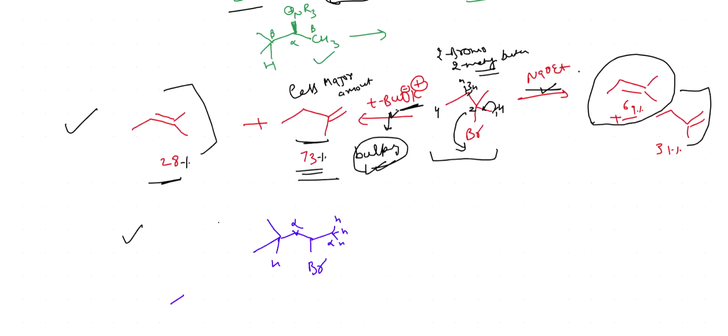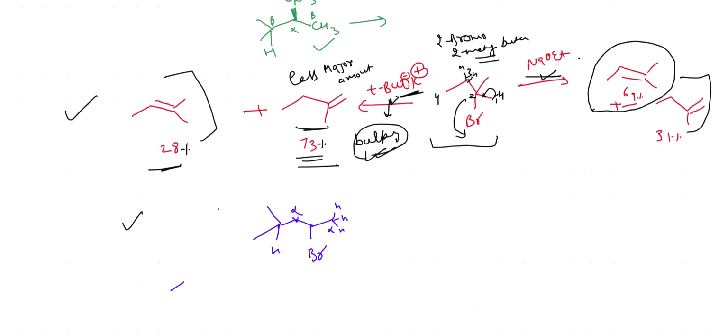Again, I have drawn the wrong structure, sorry for that. H and N positive Et3, CH3. This is an alpha hydrogen, and this is also an alpha hydrogen. If the alpha hydrogen is abstracted from A position and B position, let's discuss both. This is for B and this is for A.